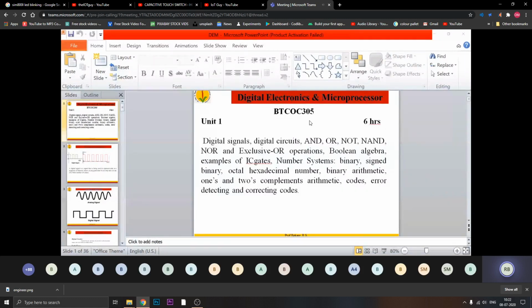After that we look at Boolean algebra, examples of some IC gates, and number systems. The number system includes binary, signed binary, octal, hexadecimal numbers, binary arithmetic, ones and twos complement arithmetic, codes, and error detecting and error correcting codes. Friends, this is the syllabus of the first unit. Let's start. The first point is digital signal.